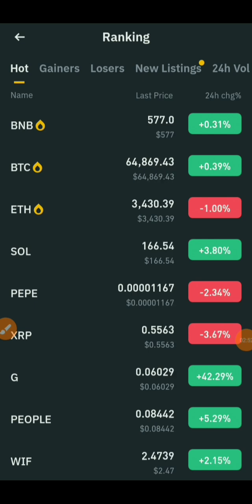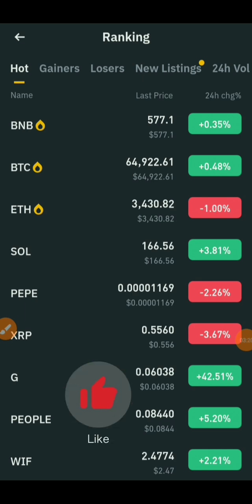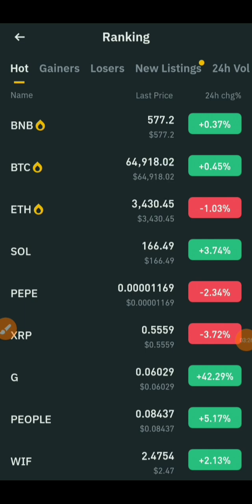For instance, if Ethereum has a liquidity of $3 billion in 24 hours and BTC has a liquidity of $5 billion, then BTC has more liquidity than Ethereum. The reason we trade with a coin that has high liquidity is that whenever we execute a buy order or a sell order, it is going to be executed fast, because there are lots of buyers and sellers in the market who are ready to buy and sell.